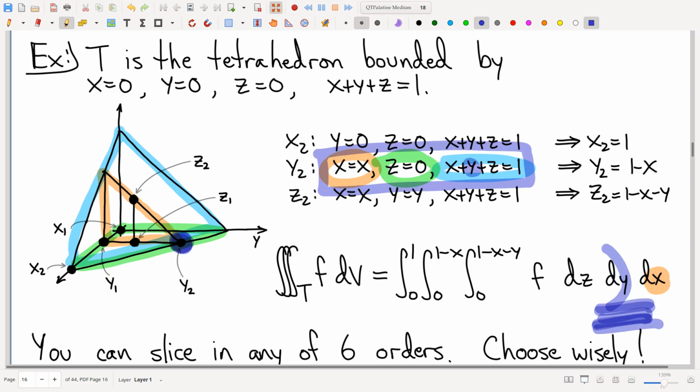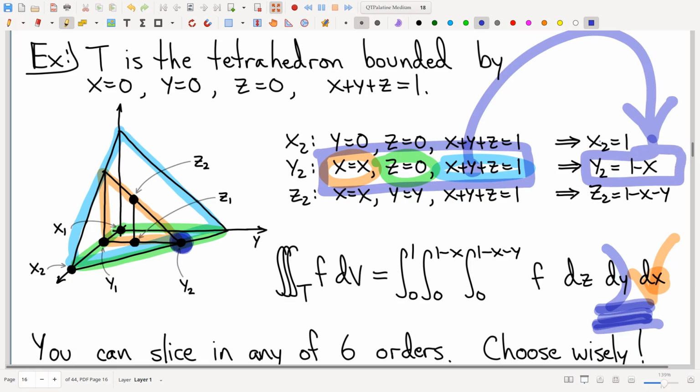I need to solve for y, but it's allowed to be in terms of x. Because x is further to the outside, the y bounds can and should be a function of x. So I don't need to get rid of the x. And with a little bit of algebra that y'all are perfectly capable of, there's y as a function of x, namely for that point, which represents our upper bound for y.